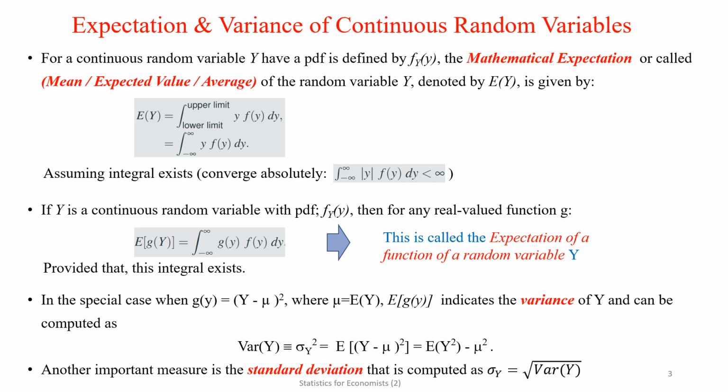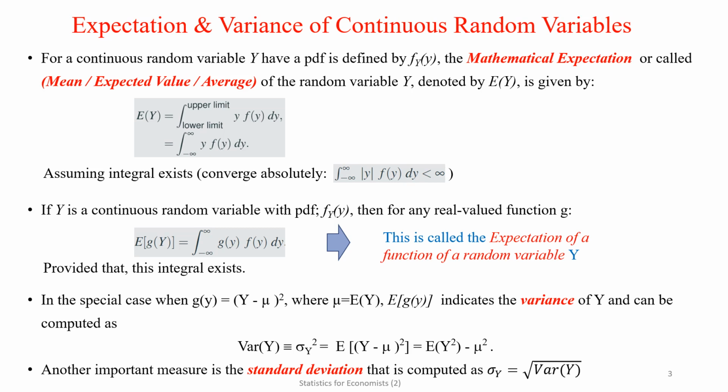If Y is a continuous random variable, then for any real valued function of this random variable, for example g of y, we can find the expected value of g of y. For example, the expected value of y squared, the expected value of ln y, the expected value of 1 over y, the expected value of y cubed plus y squared minus 2.